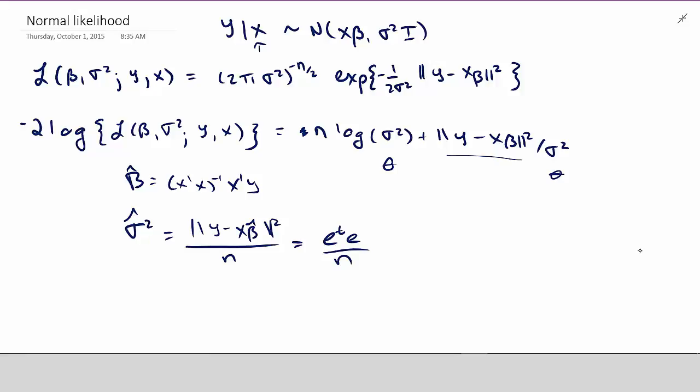And so we get the biased version of the variance, which is fine. Maximum likelihood estimates are not guaranteed to be unbiased. It does work out to be unbiased in the beta case, but it works out to be the biased version in the sigma squared case. So hopefully what you can see is that there's a pretty deep connection in normal theory linear models between the maximum likelihood estimates and the least squares estimates.